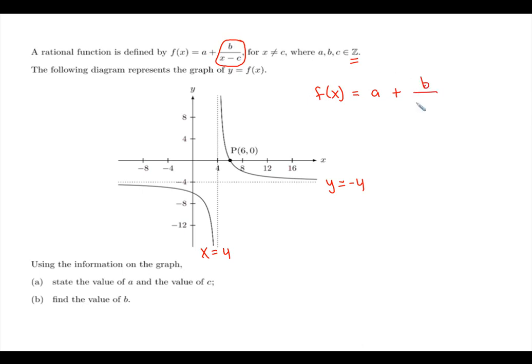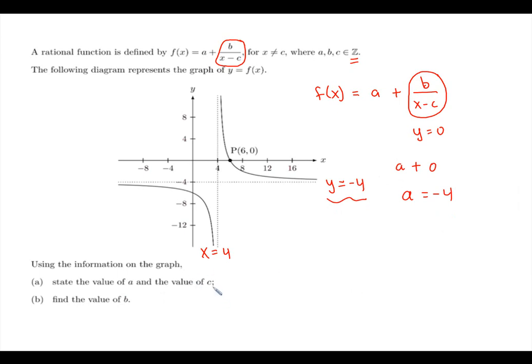If b is an integer and we have x minus c, following the rules for finding horizontal asymptotes, this part is going to be y is equal to 0, because the numerator is a constant. Anytime you have a constant divided by x minus some number, it's going to be y equals 0. So basically we have a plus 0, and if the horizontal asymptote is at y equals negative 4, that means a must equal negative 4. So we found the a value.